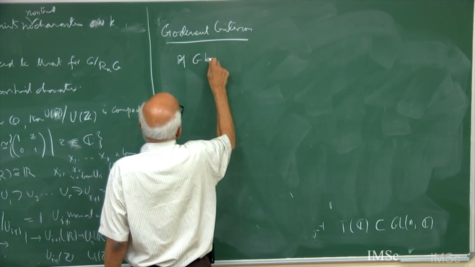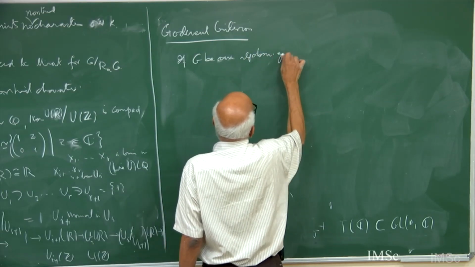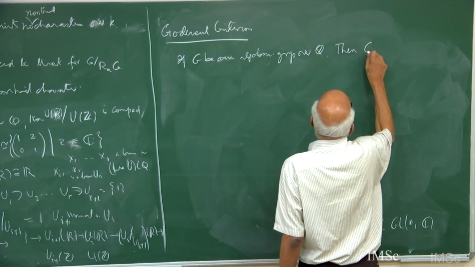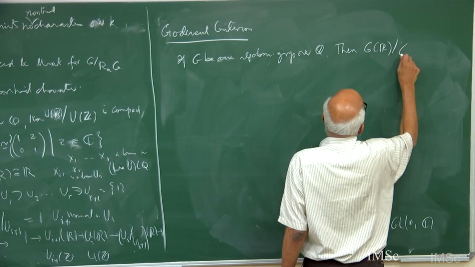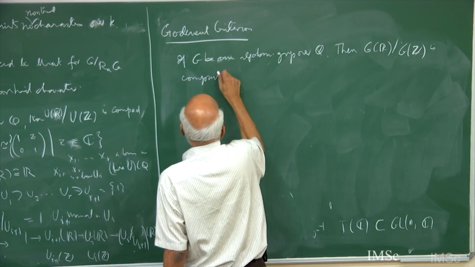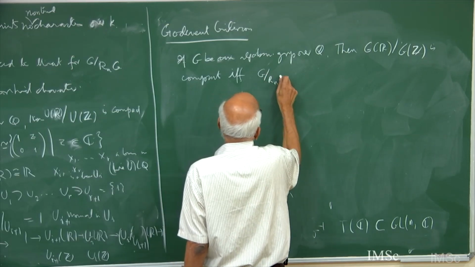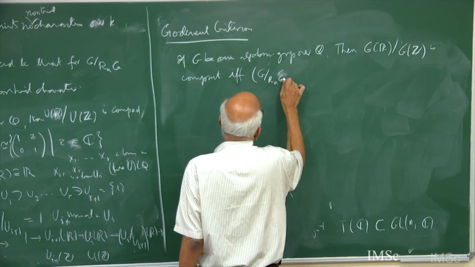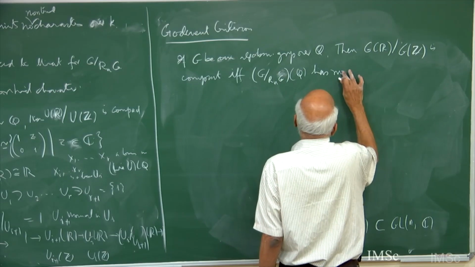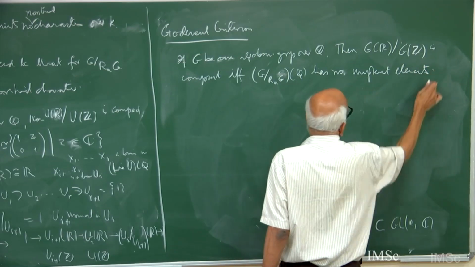Let G be an algebraic group over Q. Then G(R) by G(Z) is compact if and only if G by R_u(G), (Q) has no unipotent elements. That's the correct formulation.